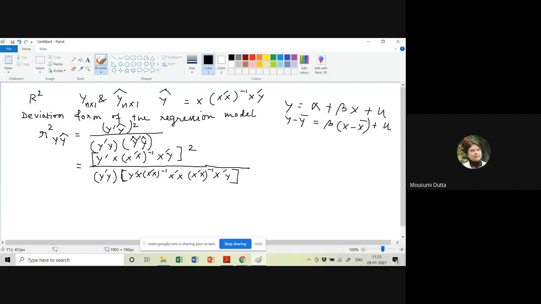Okay, is it okay? So if I do this, I'll be able to make an adjustment between this x prime x and x prime x inverse. So the numerator I'm keeping as it is.